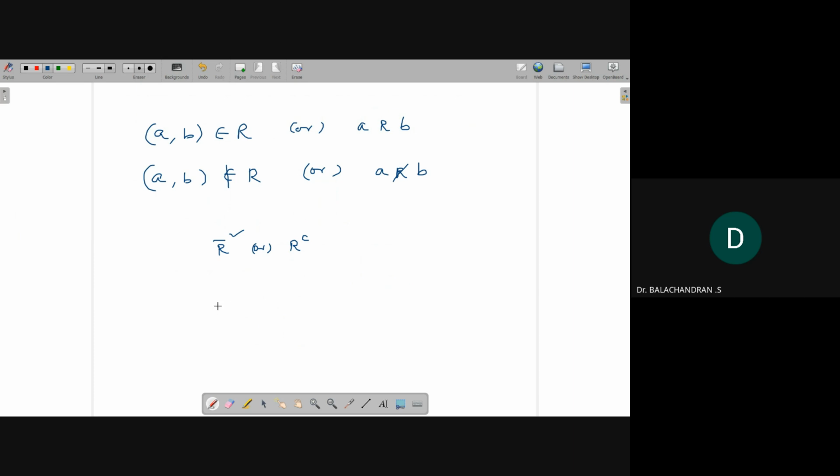They first write MR and then MS. But in the Venkatraman book, for the same thing, they first take MS composition MR.